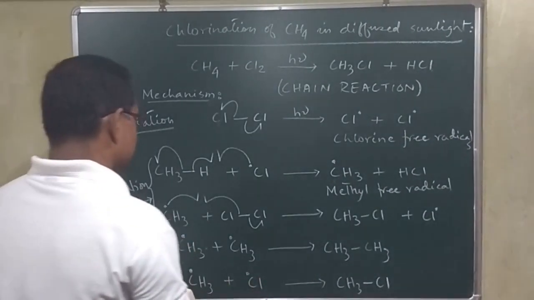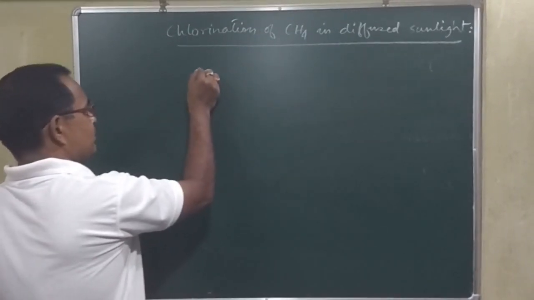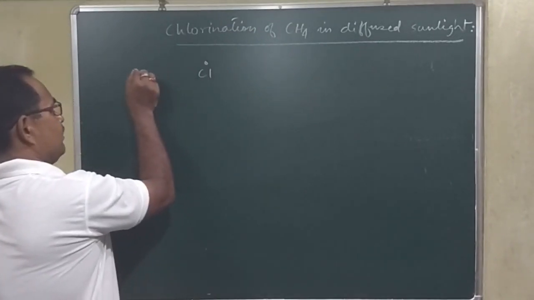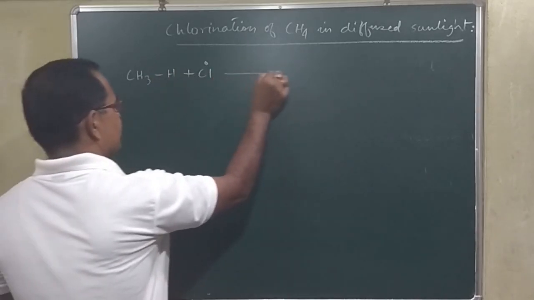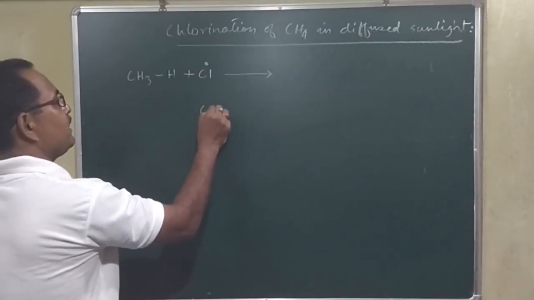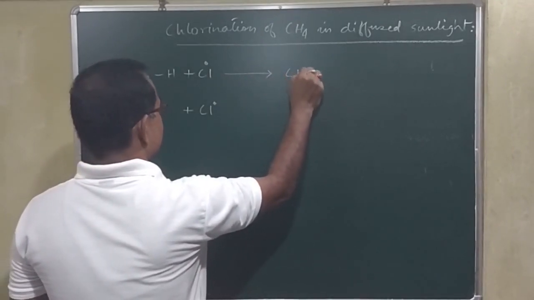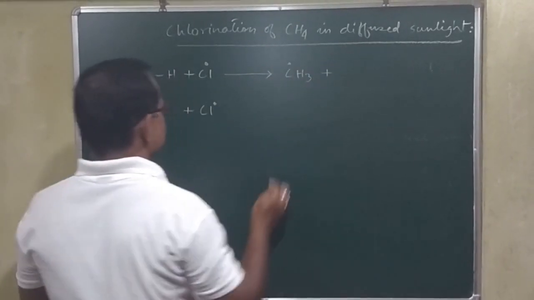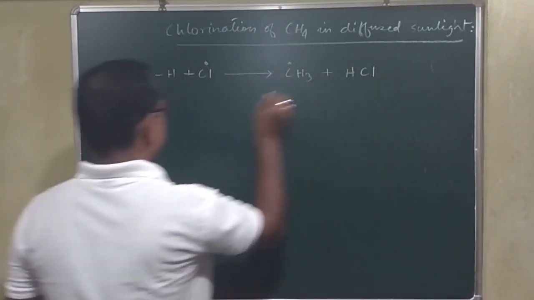You see how mixtures are produced. Say there is a chlorine free radical. It may attack methane. That chlorine free radical, methane, what will happen? CH3 dot plus HCl.